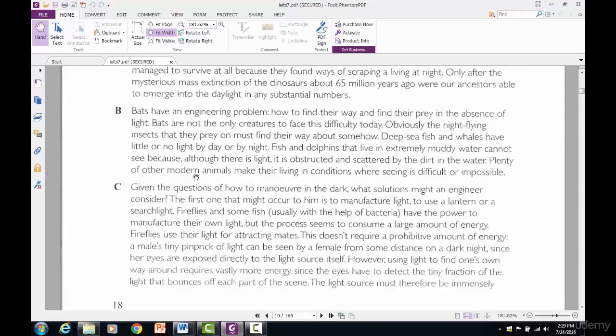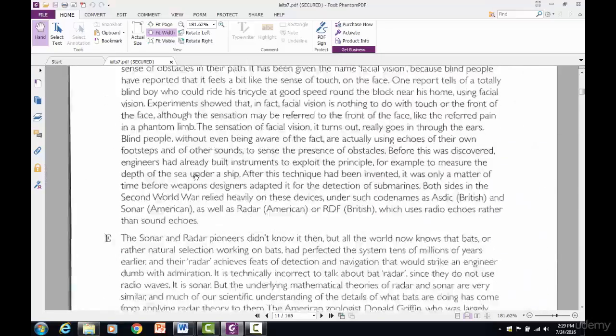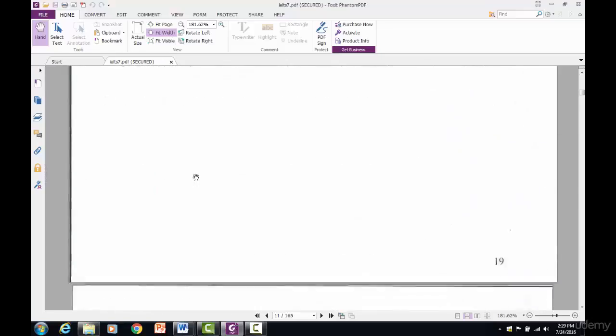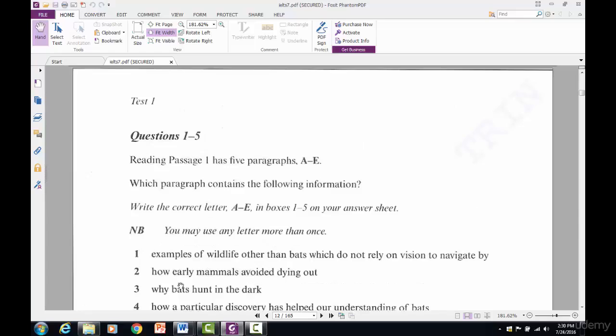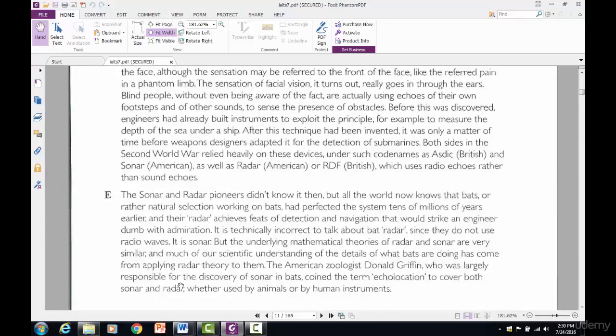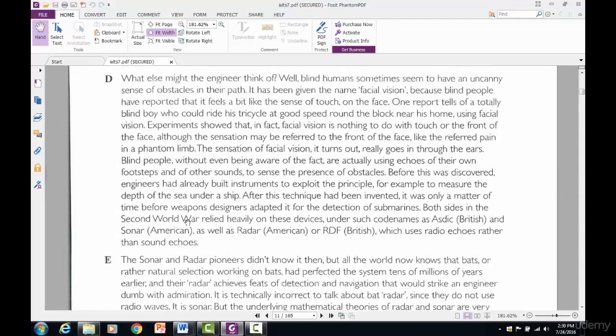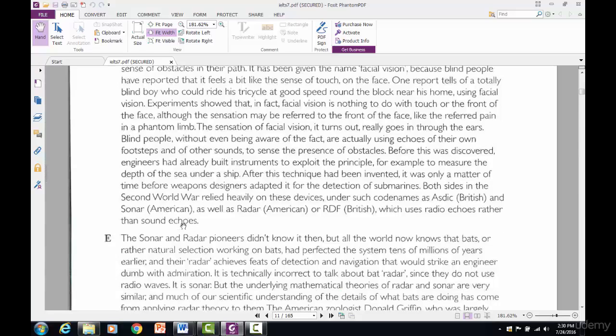A, B, C, no. So that means we can go to this paragraph location question, and we know the answer for number 5 is Second World War, because here we see Second World War, and here we see "which use radio echoes and sound echoes." That's echolocation. So that means that answer is D.